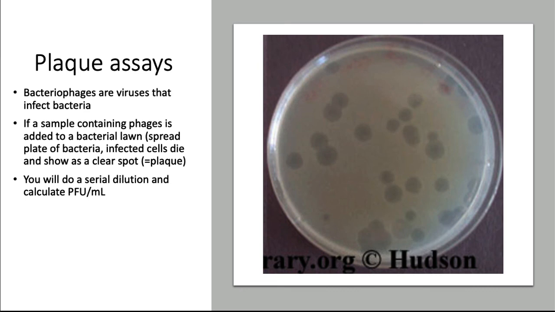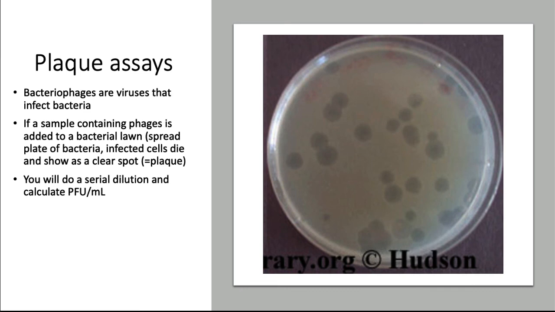And a little bit similarly to the serial dilution we did when we were counting colonies last week, when you were counting colony forming units, in this case, you will be counting plaque forming units. So you'll be doing the same procedure, which is a serial dilution of your viral sample, because you don't know how many viral particles there are, and then you plate them on different plates, and you look for a plate that has plaques that can be counted.